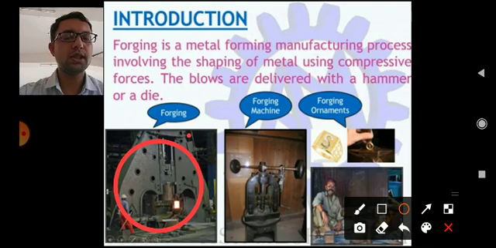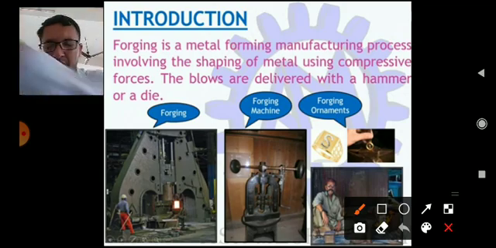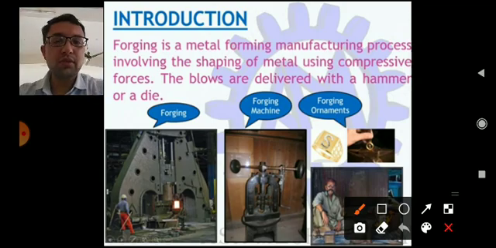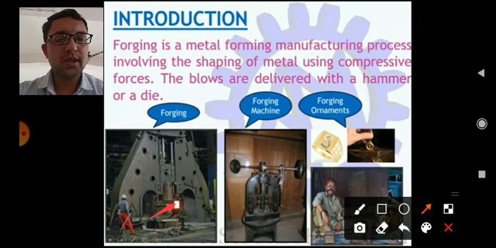See here, if we consider this simple machine, on it we will use the Smith's forge or simple forging operations. If you see this glowing portion, that's the heated metal.